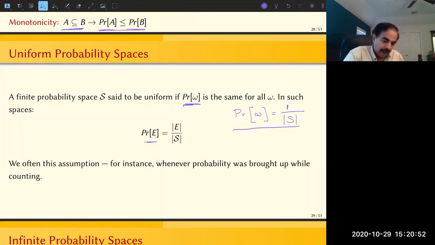And since the probability of an event E is obtained by adding up the probabilities of all the elements in the set, from this we can derive that the probability of an event is given by the number of elements in the event divided by the total number of elements in the sample space, right? So any questions on what we have done so far?